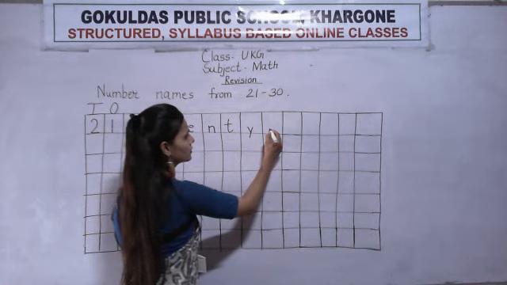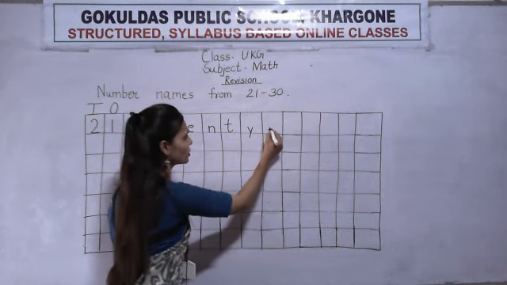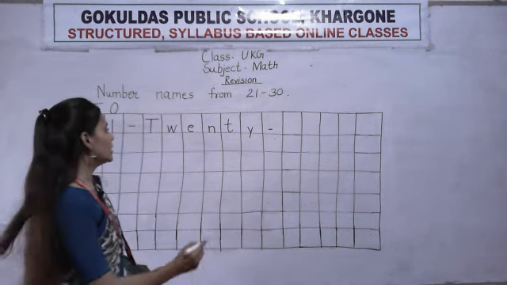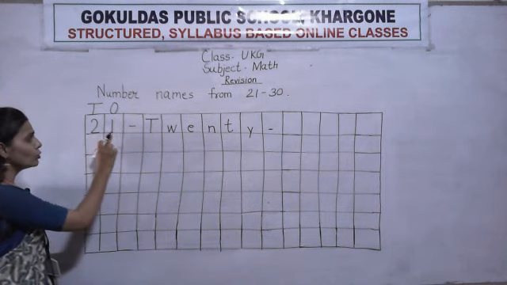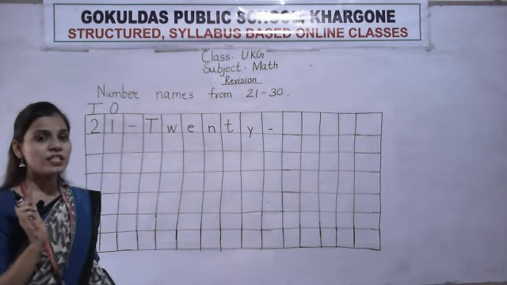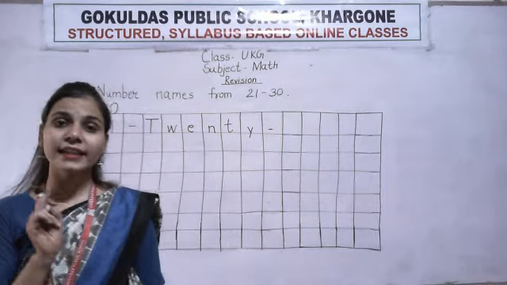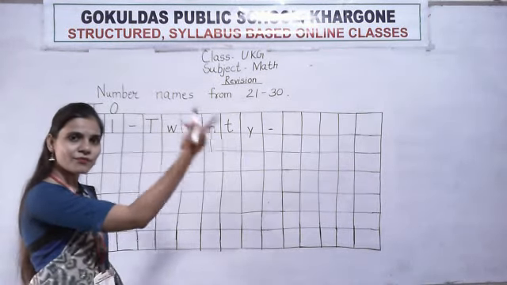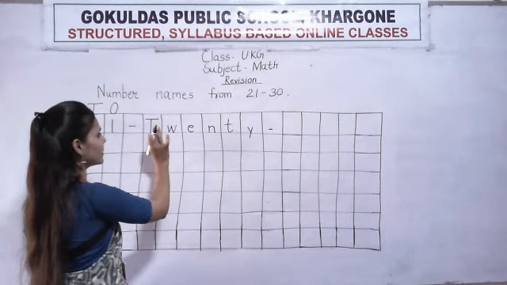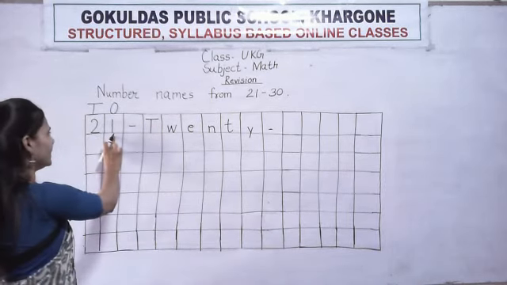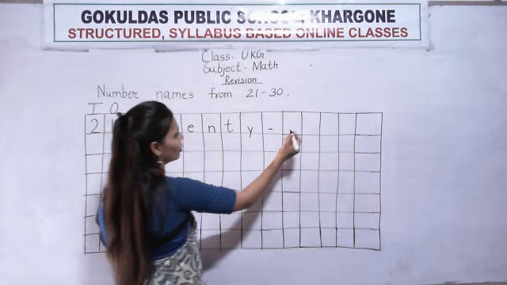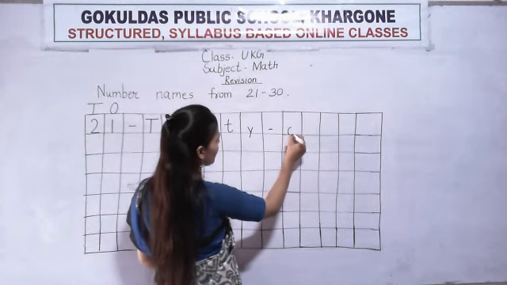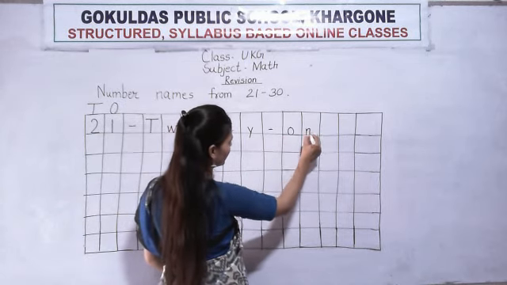Now a small dash, slipping line. Now this number is 2, 1, 21. Which number is this? 21. So you join the spelling of 1 and make the spelling of 21. Look over here. We write here O-N-E, 1.